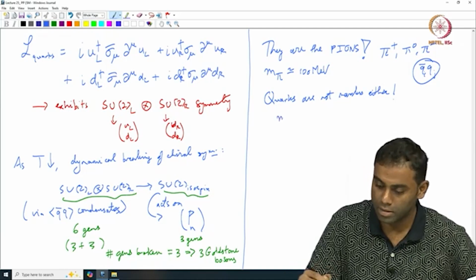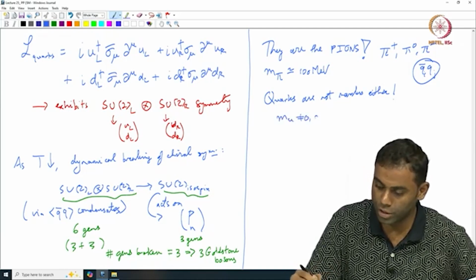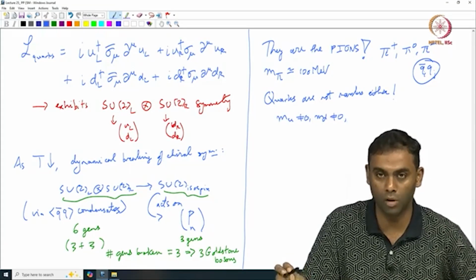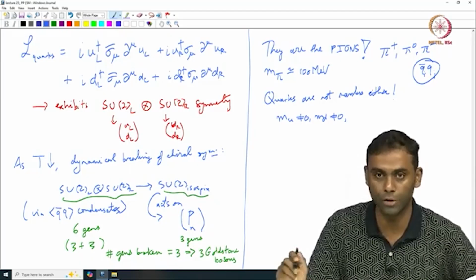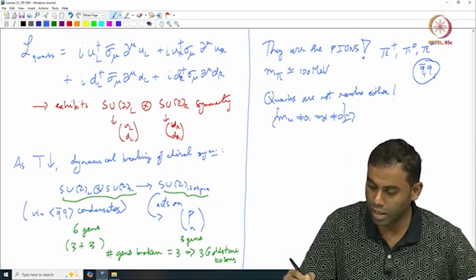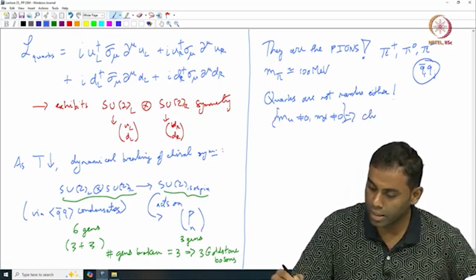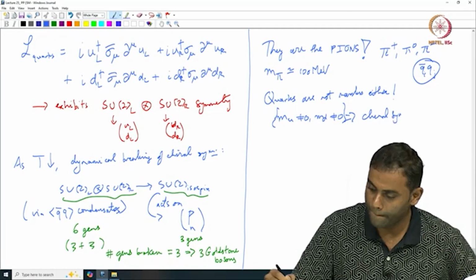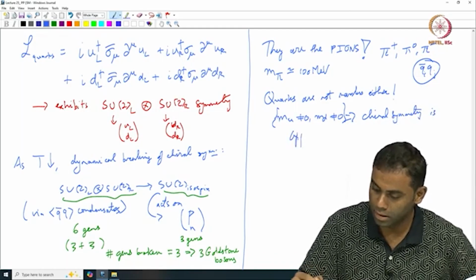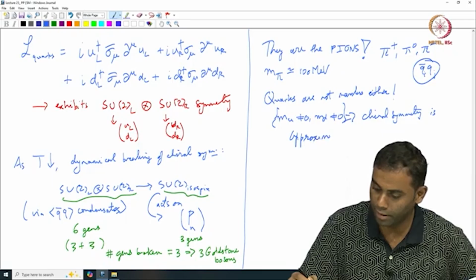Since m_u is not equal to 0 and m_d is not equal to 0, but rather they are very small compared to the QCD scale, this would imply that chiral symmetry is approximate anyway.